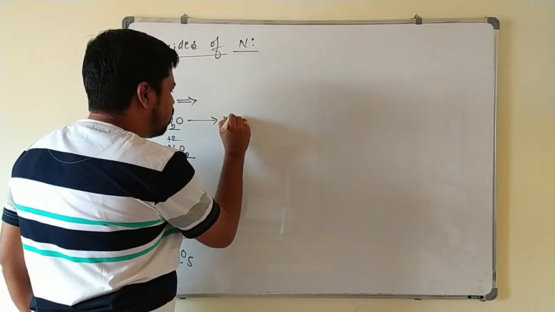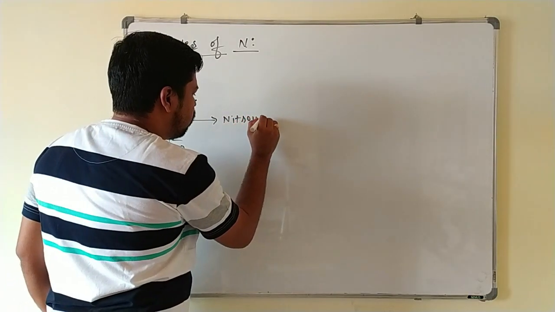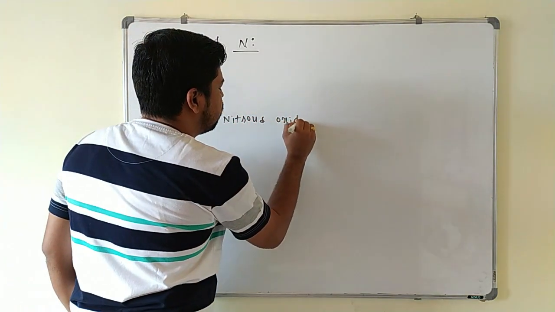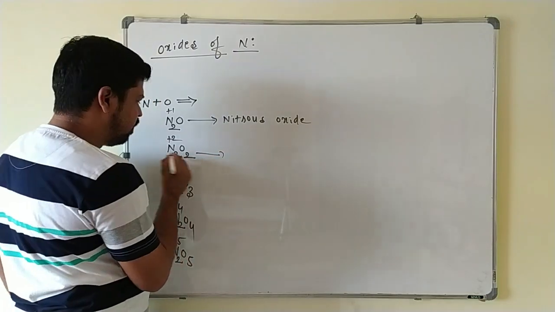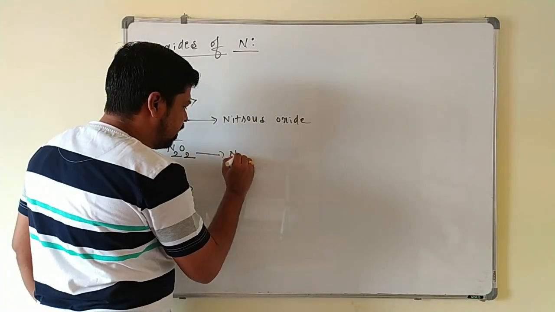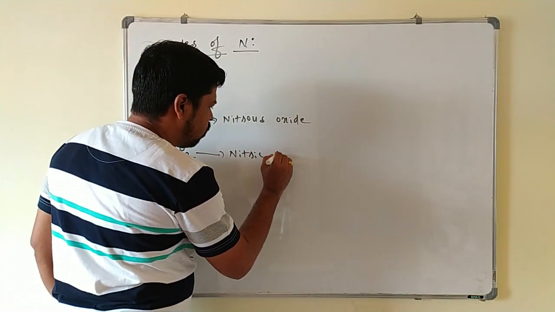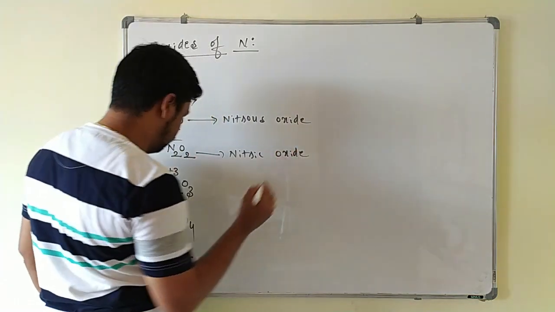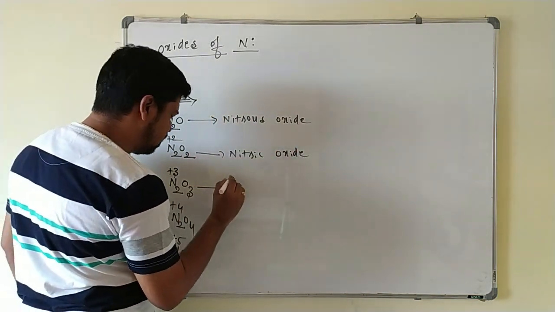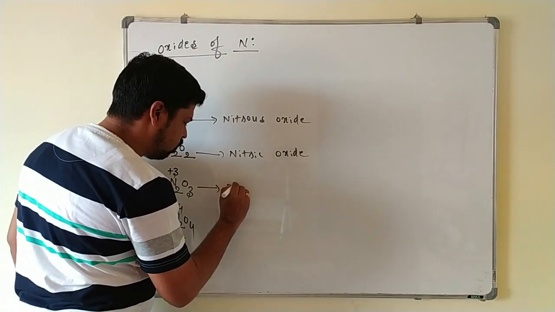N2O is called nitrous oxide. The second one, N2O2, is called nitric oxide. N2O3 is called dinitrogen trioxide.